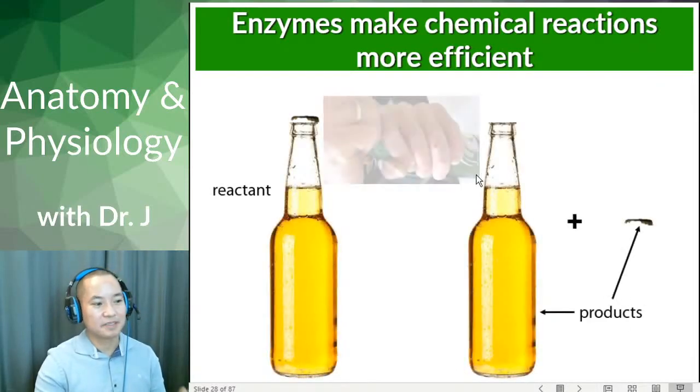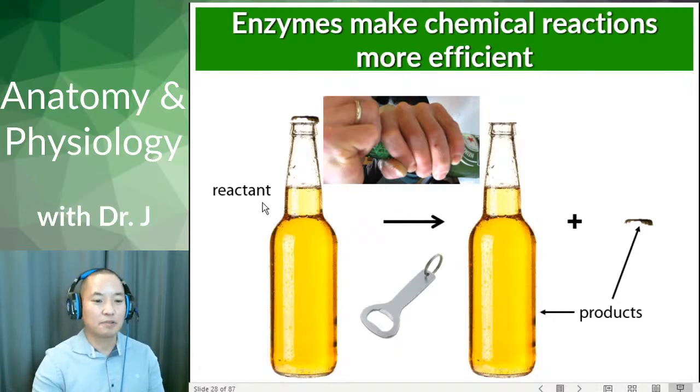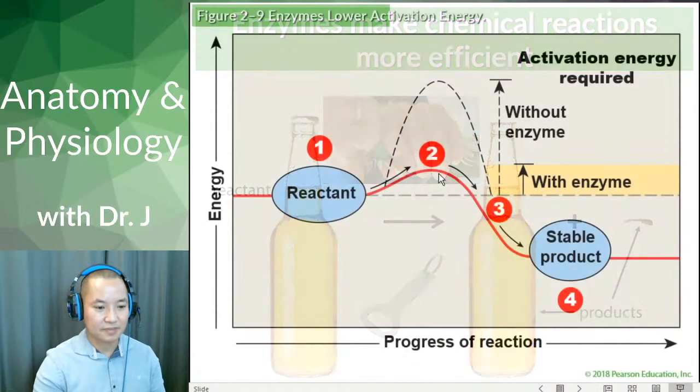So again, versus just opening with your bare hand, the bottle opener makes it more efficient. Same overall reaction: you still have the same reactant, the same closed bottle, the same products, but how you go from point A to point B, that's the difference. And how much energy you spend, there's a big difference there.